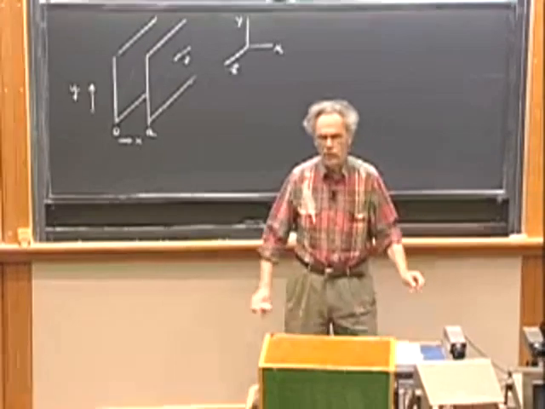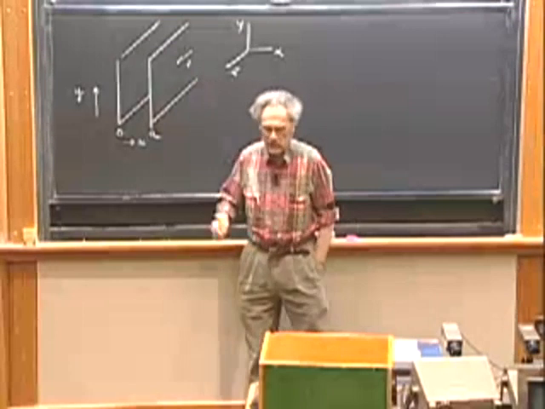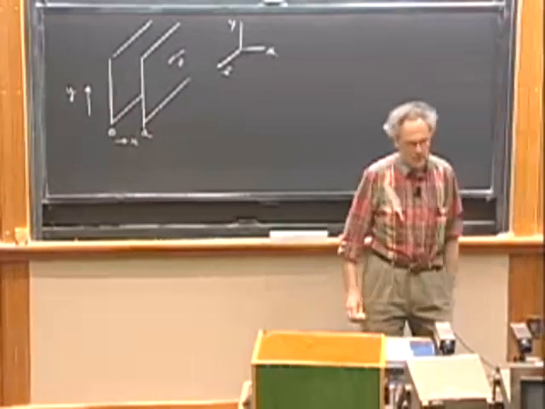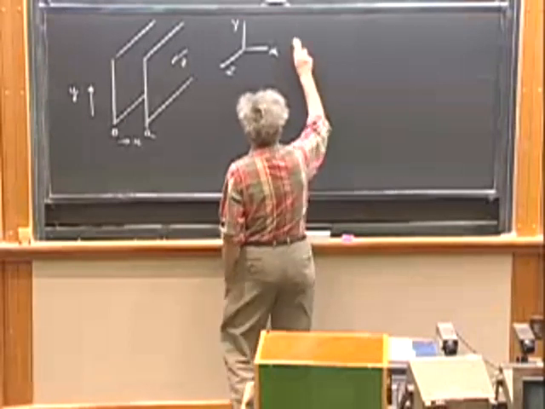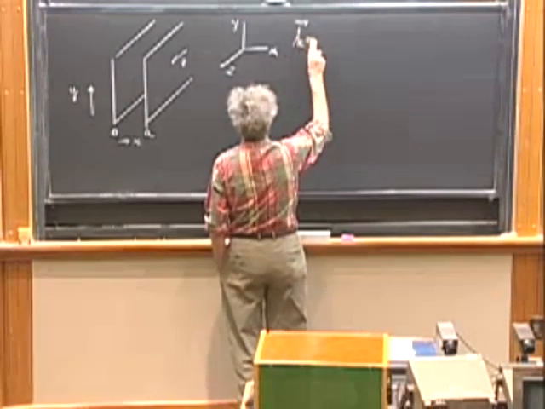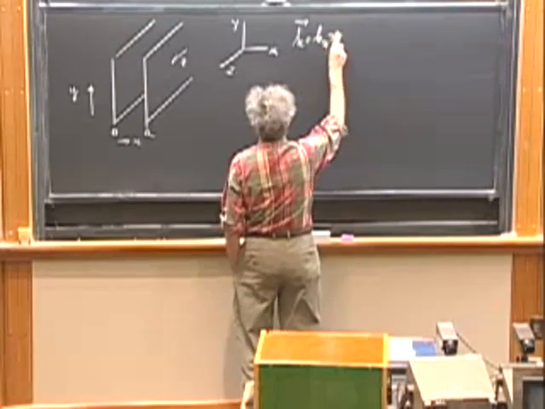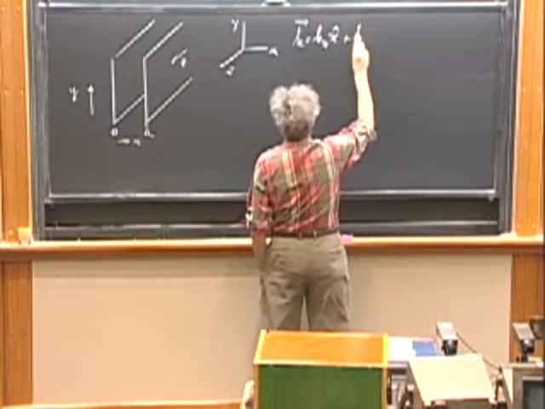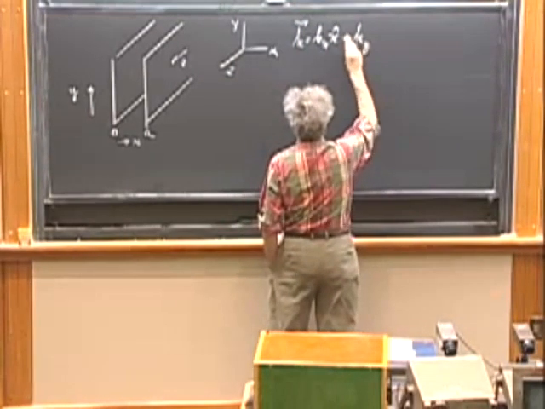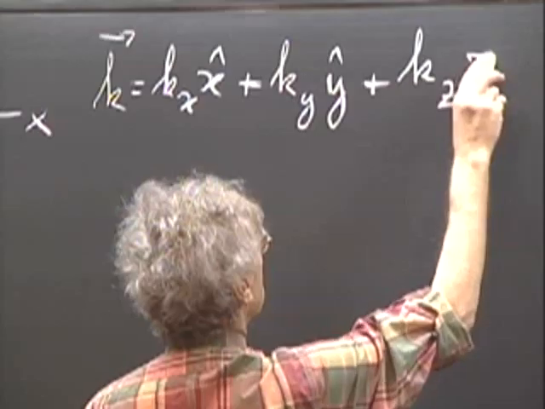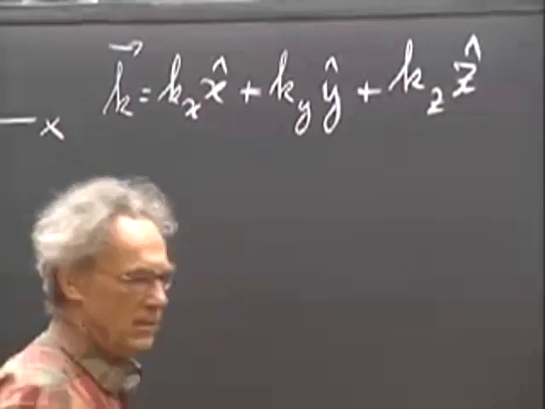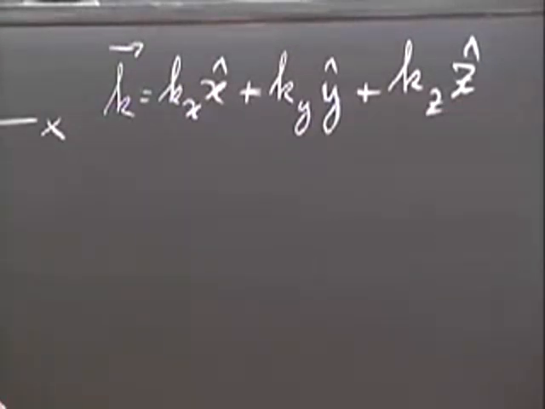I'm going to try to send electromagnetic radiation through this gap, and what now comes holds always: that k is always kx x roof plus ky y roof plus kz times z roof, and k is the direction then of propagation.